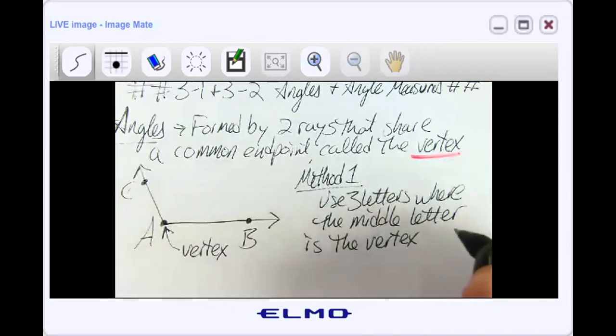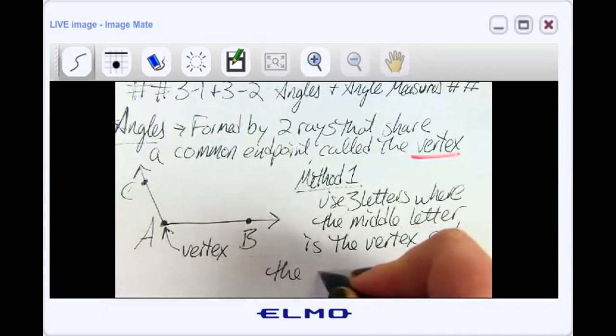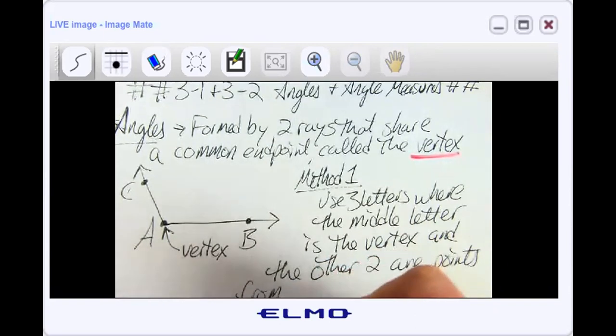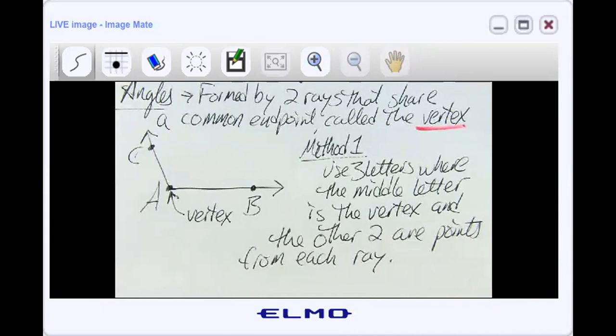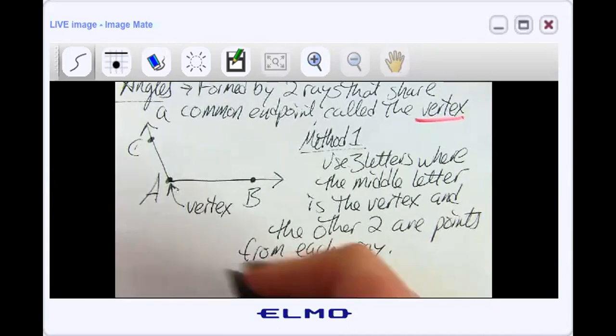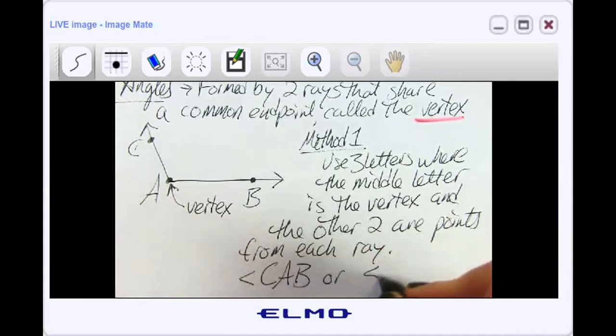So use three letters where the middle letter is the vertex and the other two are points from each ray. So in our example, we can say angle CAB or BAC.